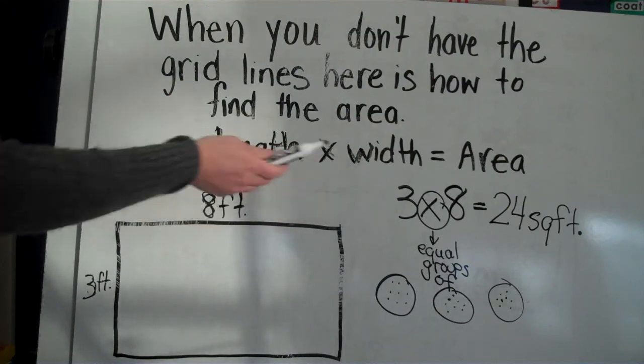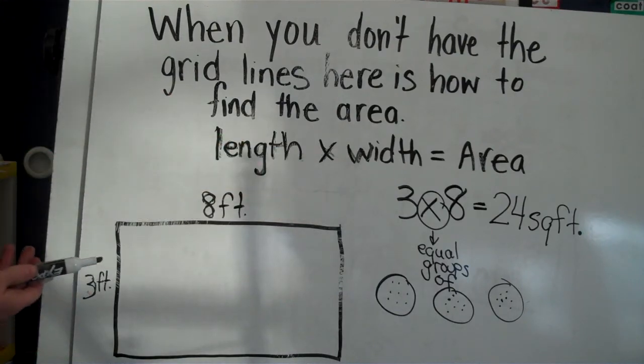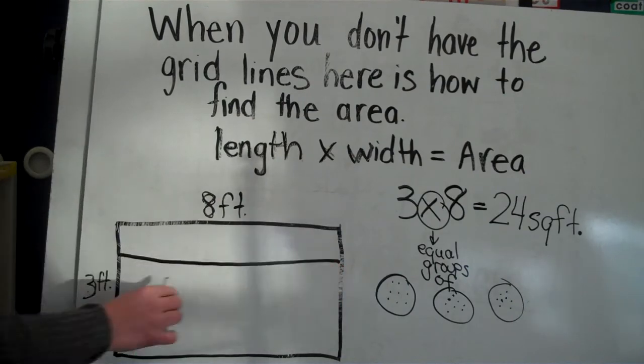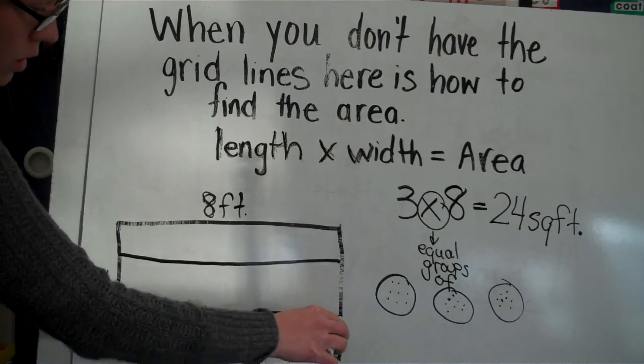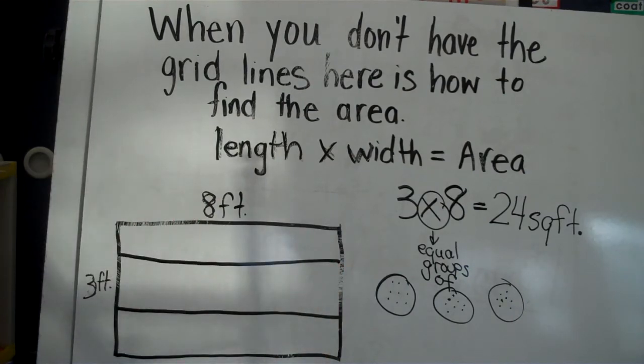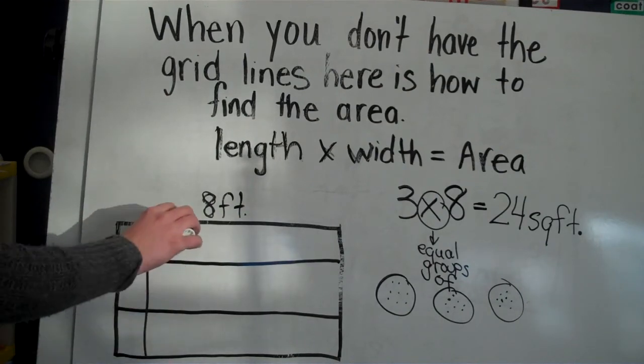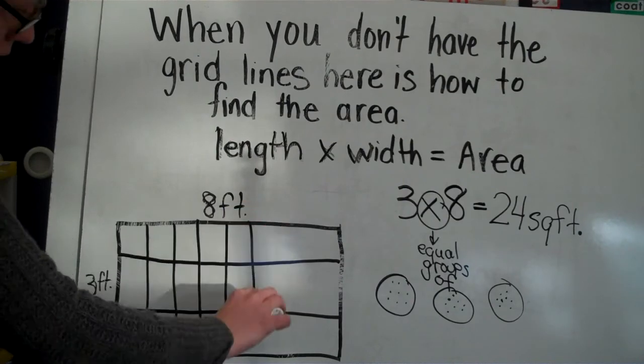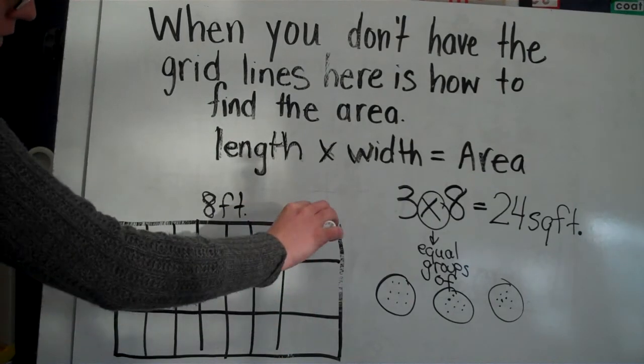Now, if you don't want to do the multiplication, you could go ahead and draw in the grid lines. You know that you need to have 3 rows, just like in the array. So I'm going to draw my 3 rows. I know I need 8 columns. 1, 2, 3, 4, 5, 6, 7.